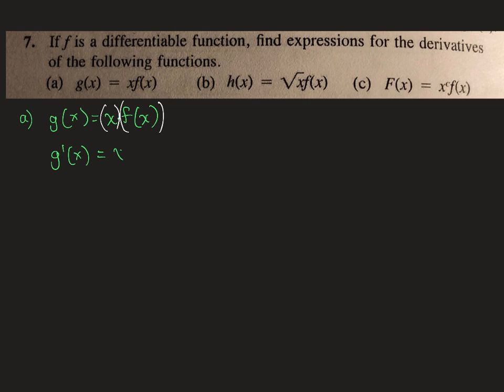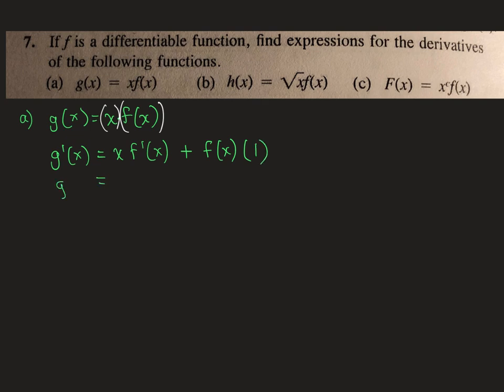So first, which is x, times the derivative of the second, which would be the derivative of f of x, we're just going to write as f prime of x, because we don't actually have the specific function for that. Okay, and now plus the rest of product rule, the second f of x times the derivative of the first, which the derivative of x is just equal to 1.